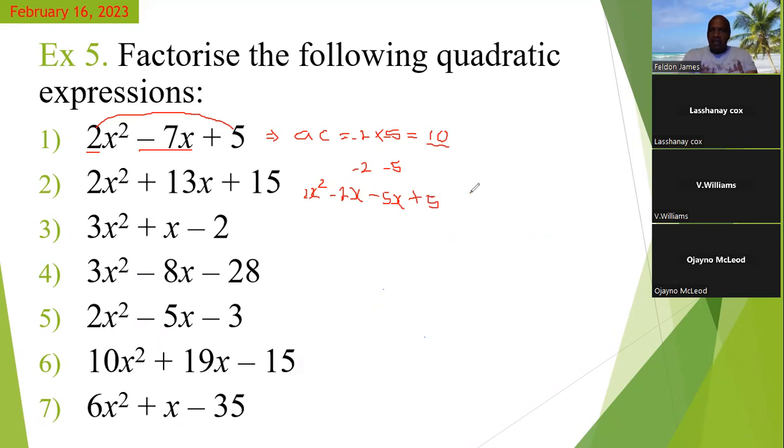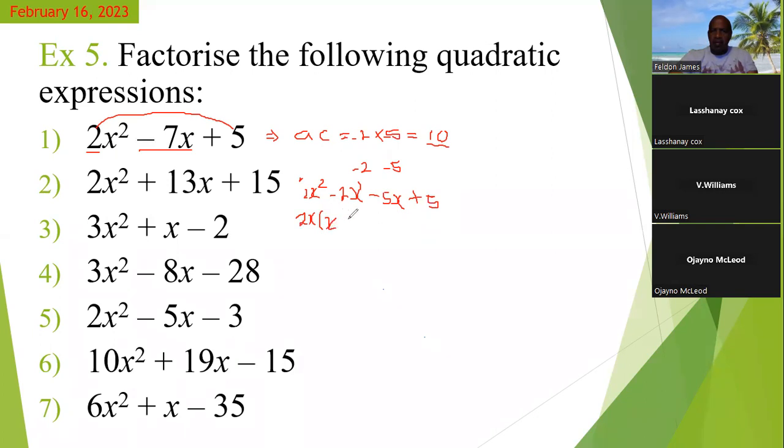Okay, Mr. Ojeno, continue. All right, so we are grouping. So we're going to group the 2x squared minus 2x. Okay. And the highest common factor is going to be 2x. All right. So 2x into 2x squared goes x, leaving you with x.